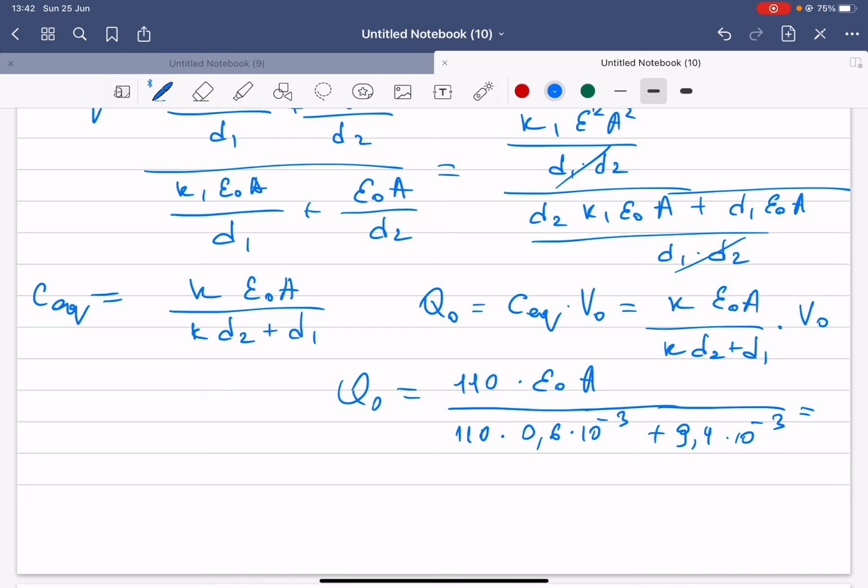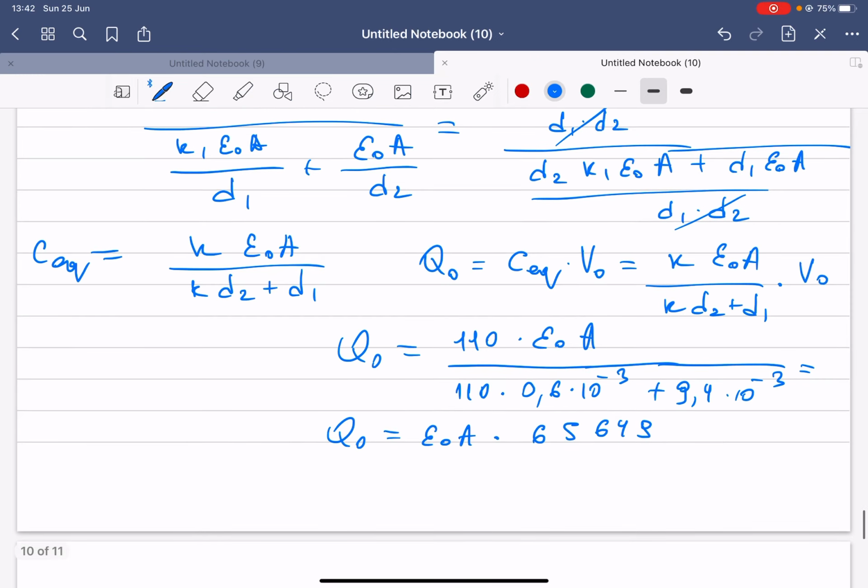We're trying to find the charge. We will end up with Q initial equal to epsilon naught area, let's keep it like this, multiplied by 65,649. So this is our initial charge when we have dielectric in the capacitor.